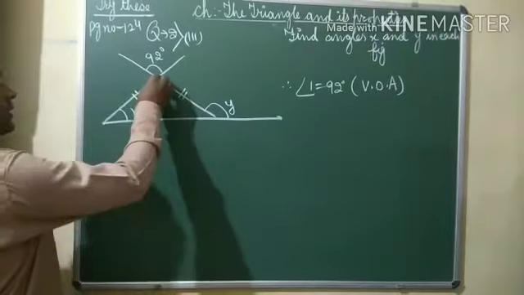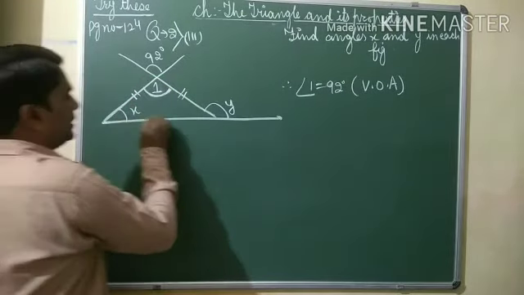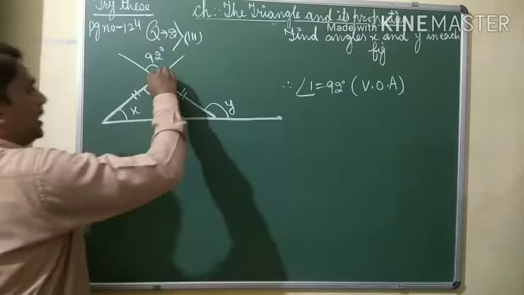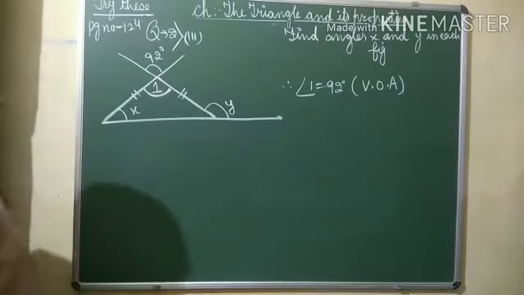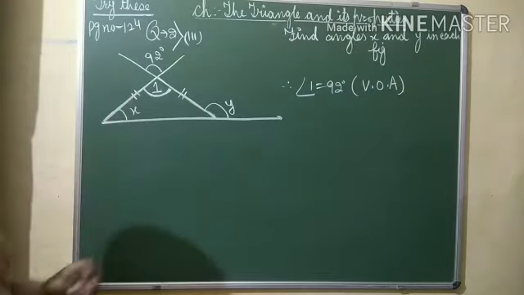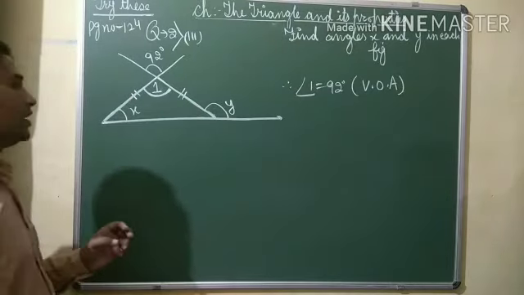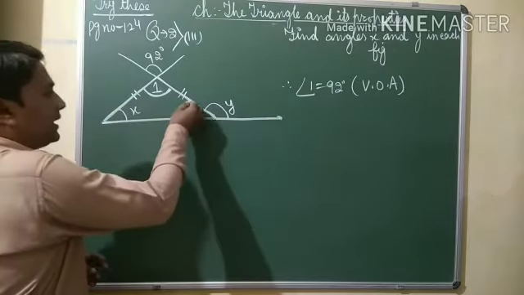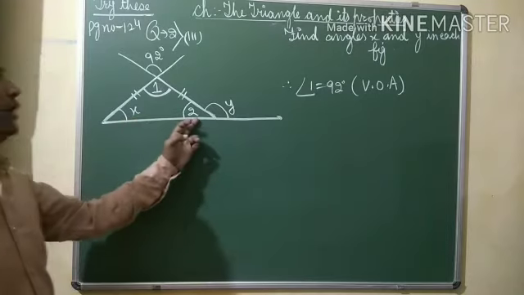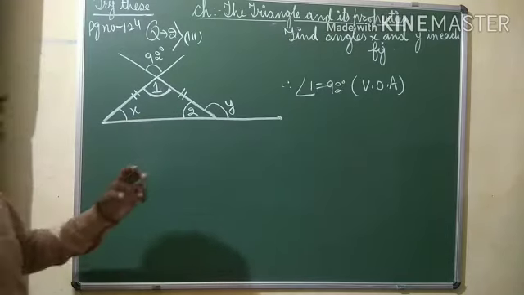Now again in this triangle, these two sides are of equal length. Therefore, angles opposite to these two equal sides will also be equal to each other. Therefore, angle x, and mark this angle as angle 2, that is, angle x and angle 2 will also be equal to each other.